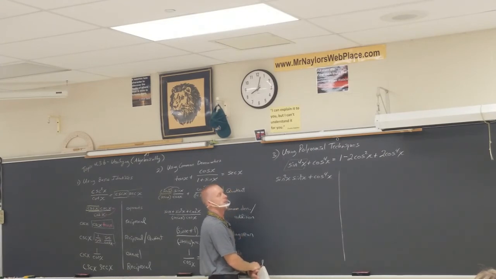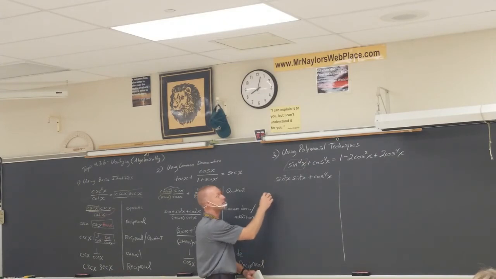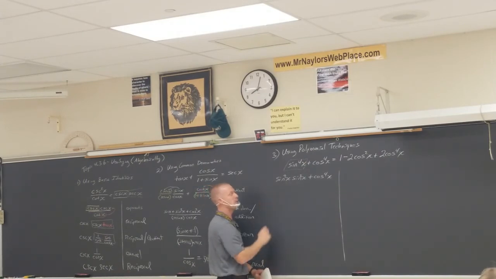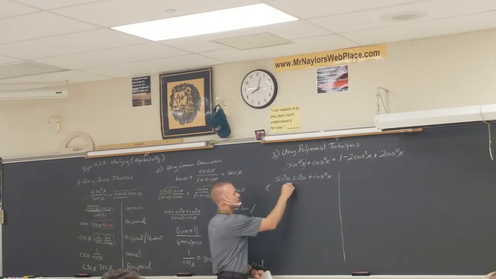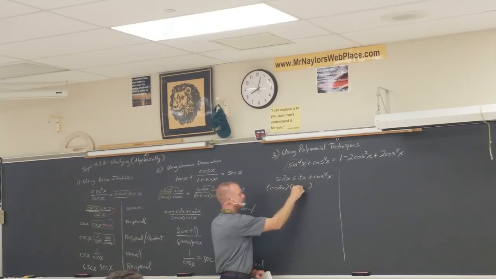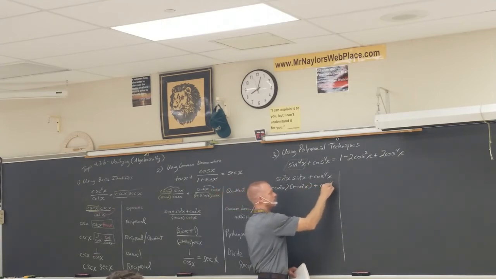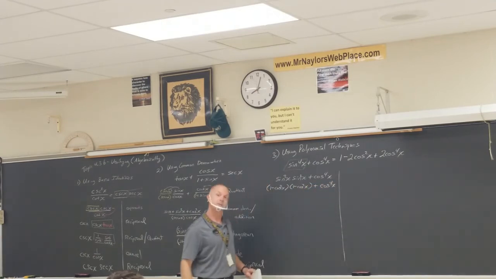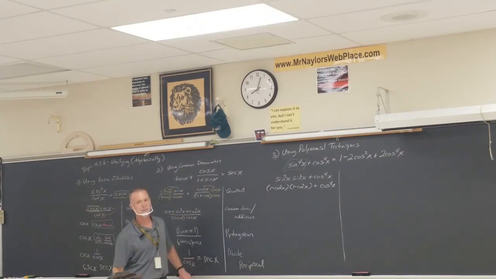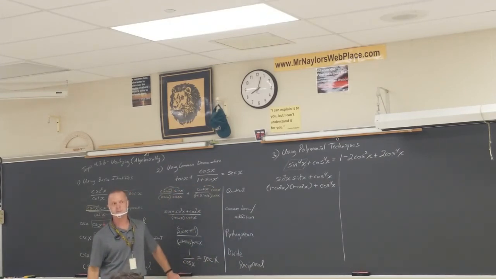So actually, you're going to find out that we're almost done, but it's all about being smart from the beginning. Each of these sine squareds is a 1 minus cosine squared. And just like that, everything's cosines.